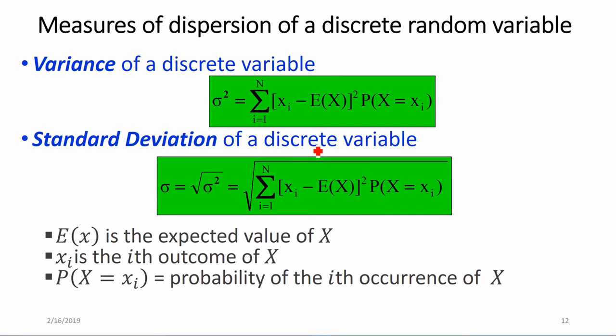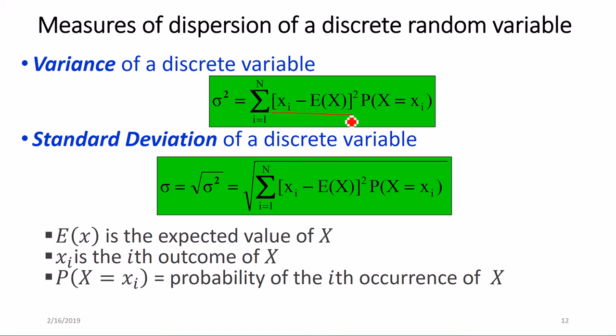We talked about the central tendency with the mean previously, and now we talk about the dispersion of a discrete random variable. What is a variance? The variance of a discrete variable is denoted as sigma squared. Sigma squared is equal to the sum from 1 to n, where n here is a sample size.